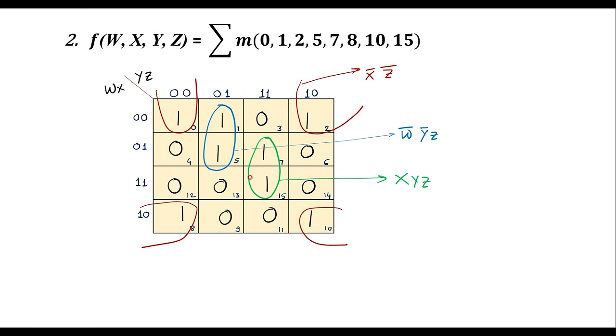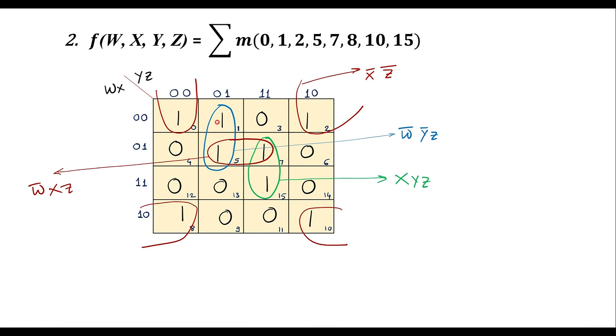We can observe that this one can also be covered with this one, so I can make a pair here. So this will definitely be a prime implicant. The value of this will be w bar x, and it is common between these two columns, common is 1, that is z, so w bar x z.